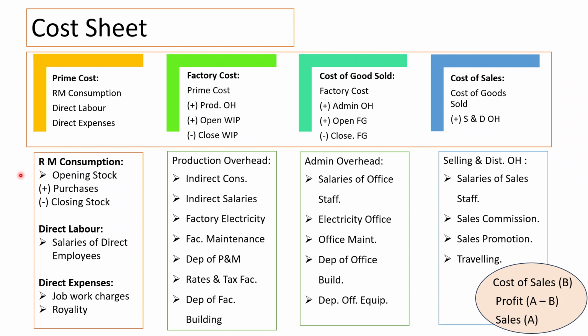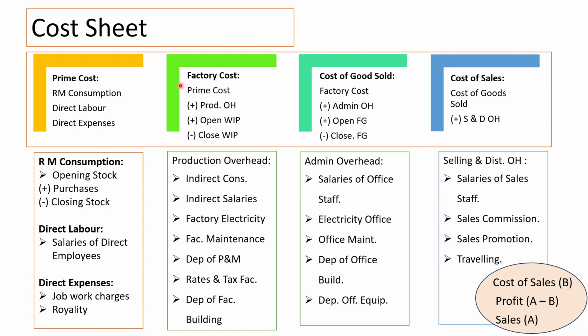Opening stock of raw material, add purchases, less closing stock, then you will get raw material consumption during that production period. Direct labor means salaries of direct employees, and direct expenses are job work charges and royalty. The sum of raw material consumed, direct labor, and direct expenses is prime cost.